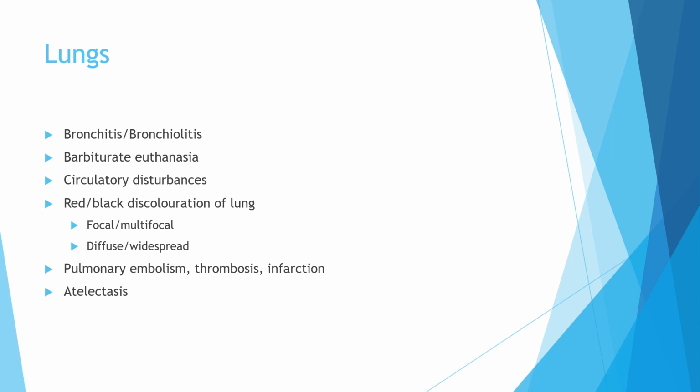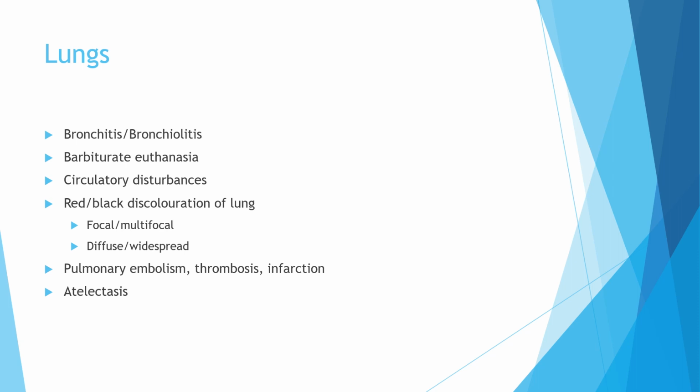Briefly, what we will touch on when it comes to lung pathology is what the difference basically is between bronchitis and bronchiolitis, the effects of euthanasia, barbiturate euthanasia, the effect that has on the lung, and how to distinguish it from an antemortal finding. Antemortal being referring to something that would have happened before death, so that it's actually a lesion.